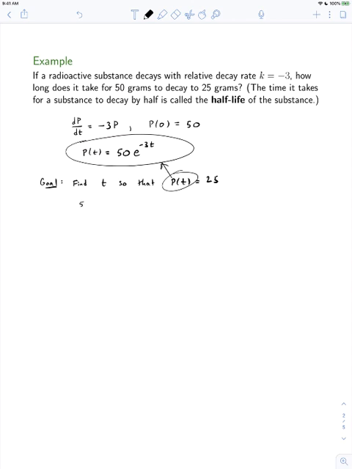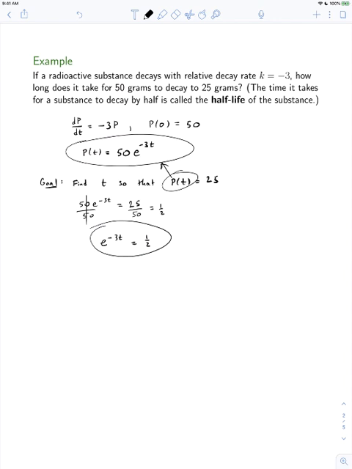So we have that 50 times e to the -3t is equal to 25. The first thing that you can do is divide everything by 50. Notice what happens. On the left, the 50s cancel, and on the right, you end up with 1/2. So you're looking for a t so that e to the -3t equals 1/2.